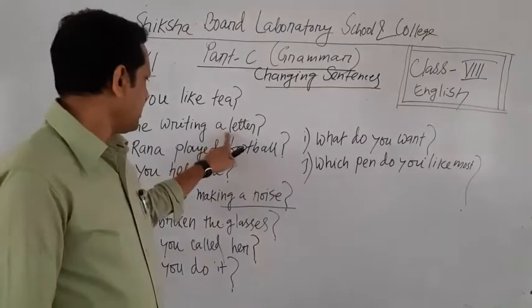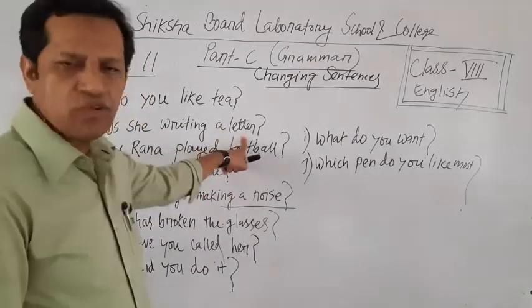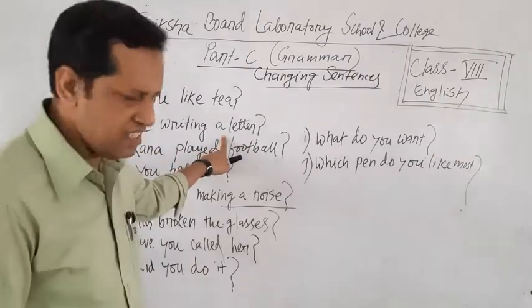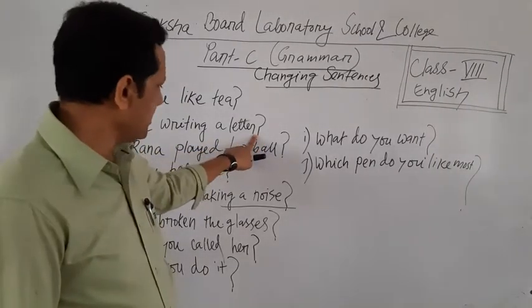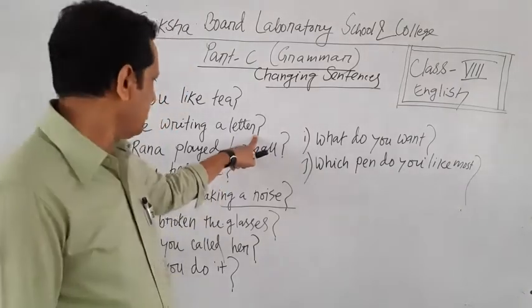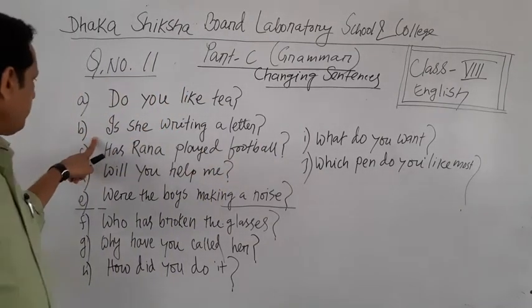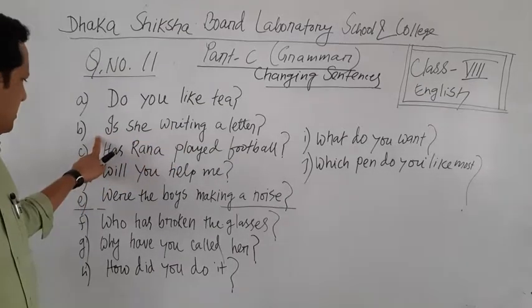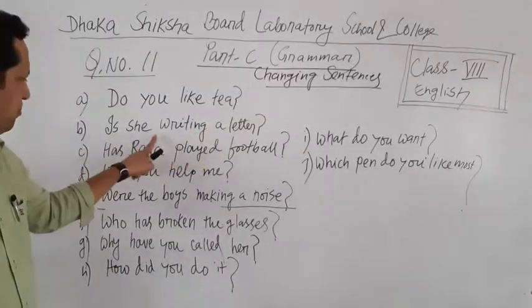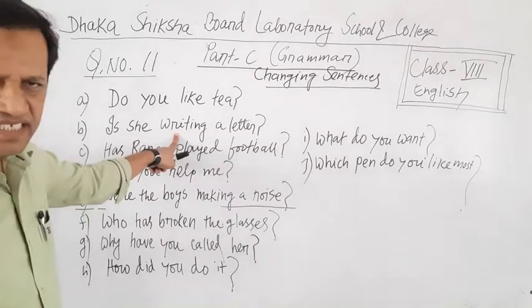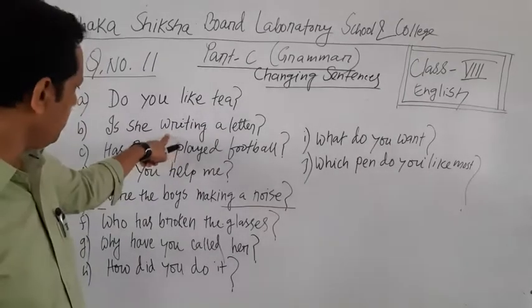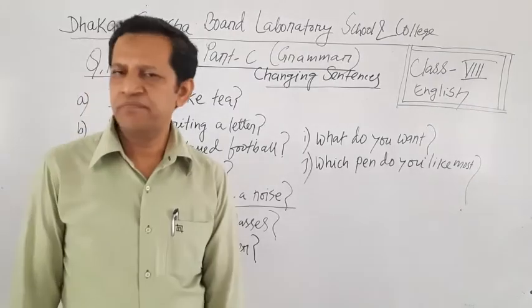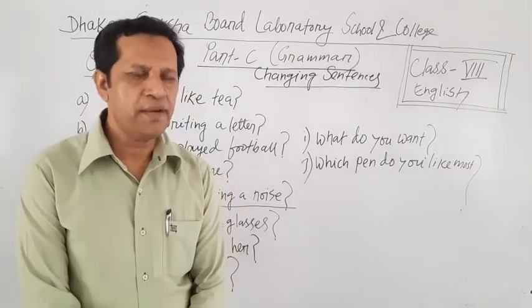A letter is the object, singular. That's why we have to use is being, as the sentence is interrogative. So, is a letter being written by her?